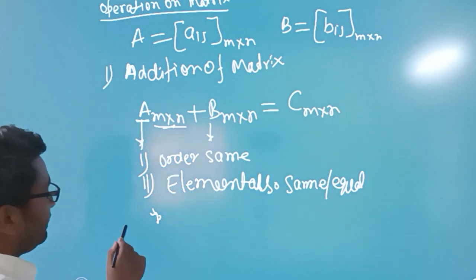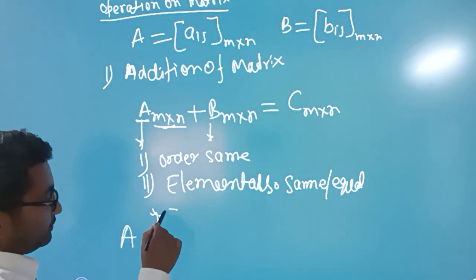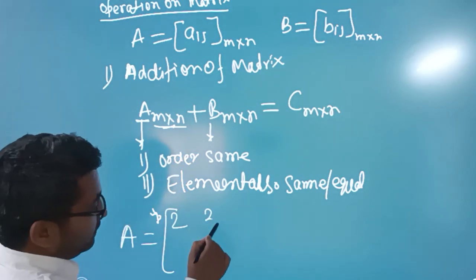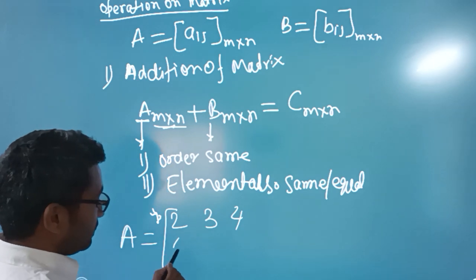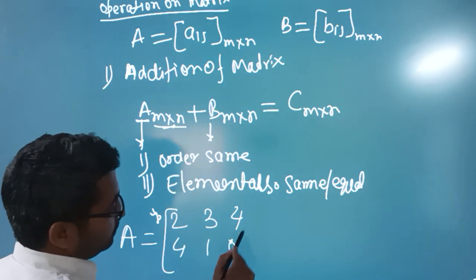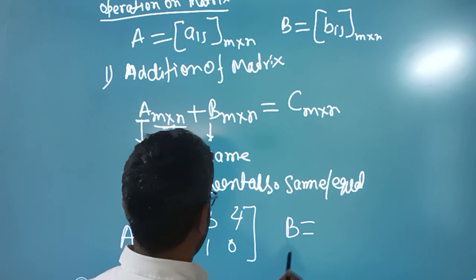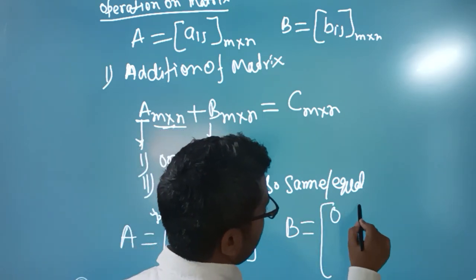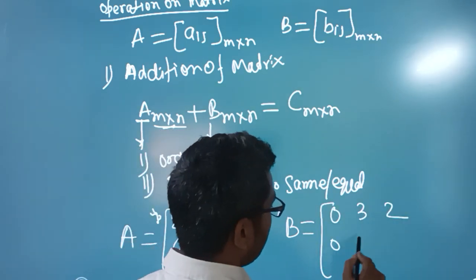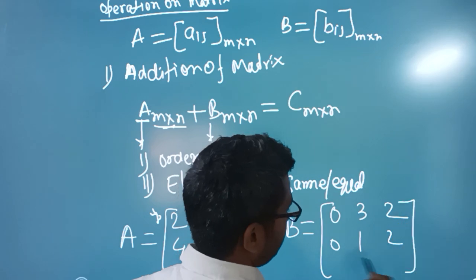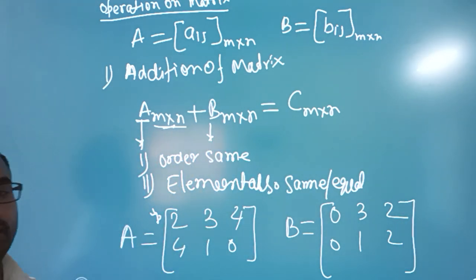Let's say A matrix is 2 3 4, 4 1 0, and B matrix is 0 3 2, 0 1 2. These are two different matrices.